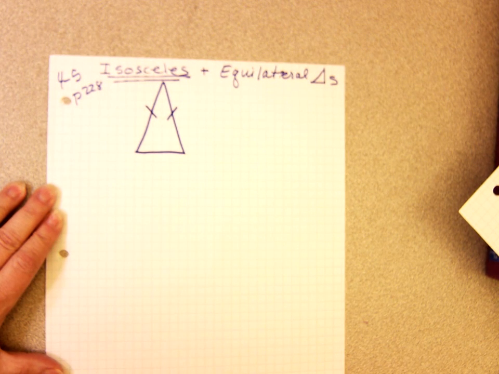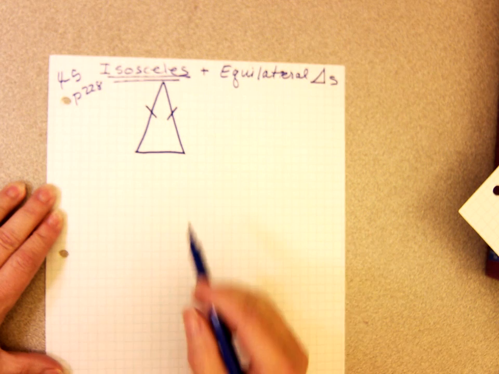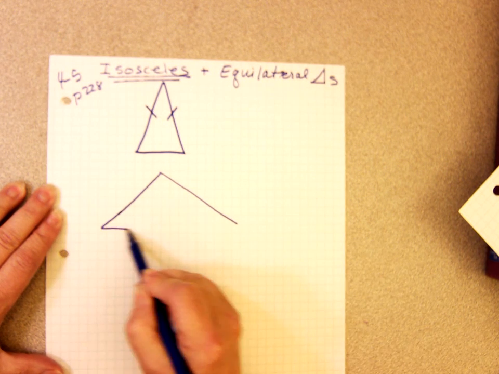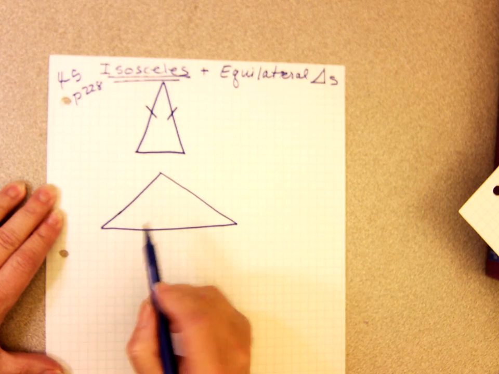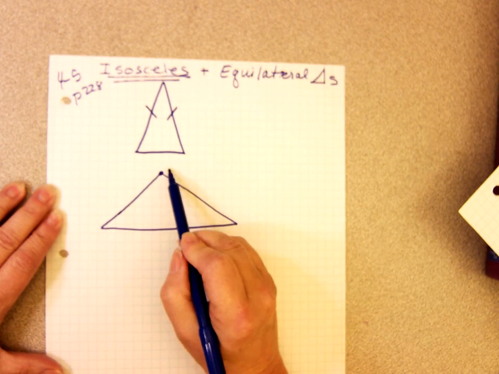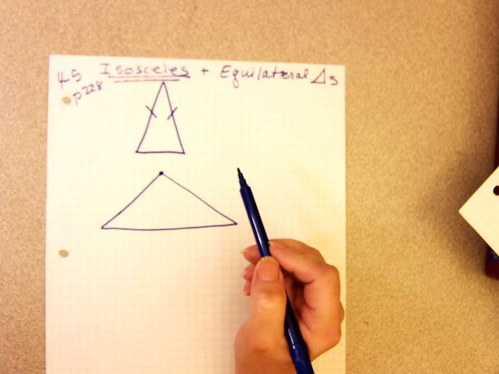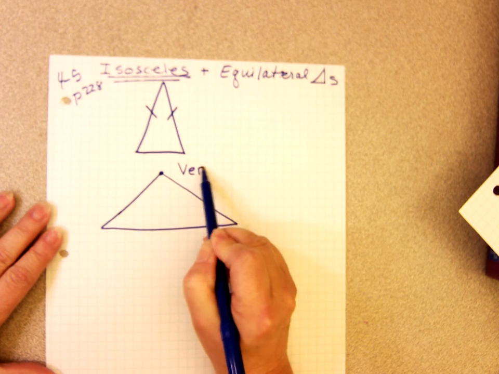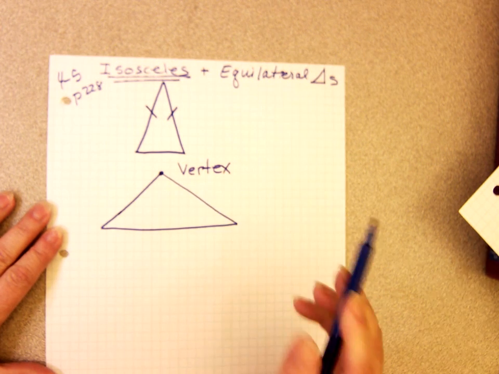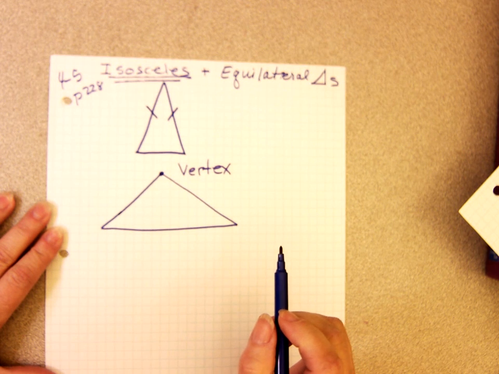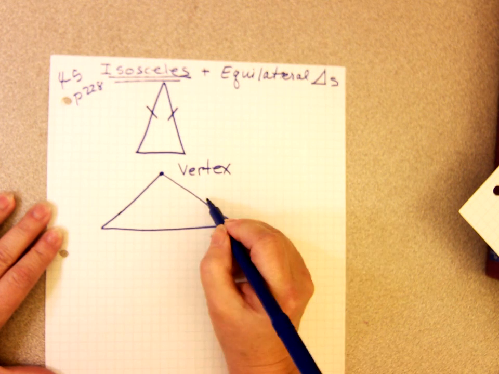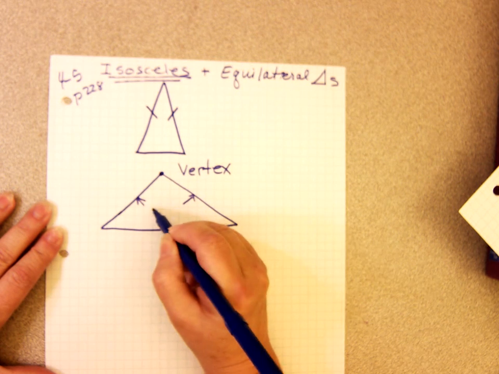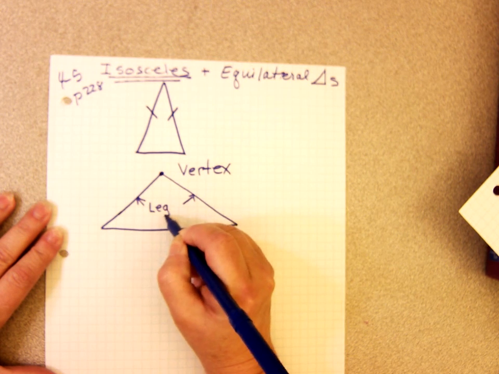Okay, let's dissect a triangle for a minute. We've covered this, but let's remember. This point at the top, does anybody remember what that's called? A vertex. These sides are called legs.